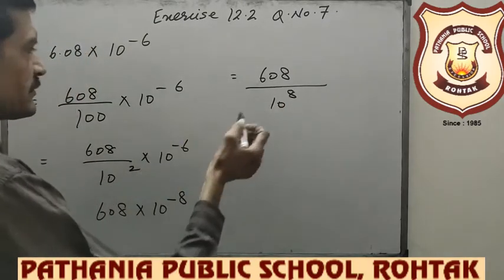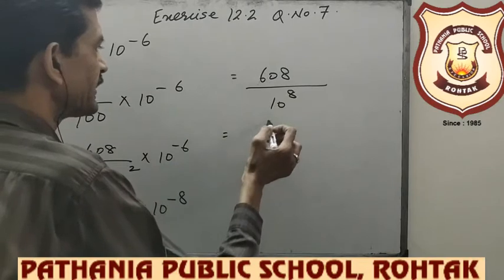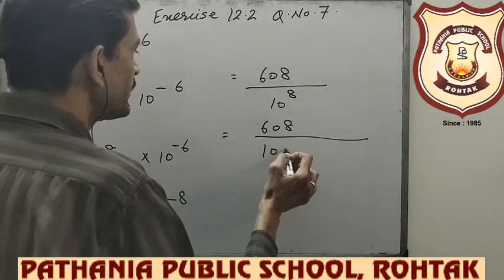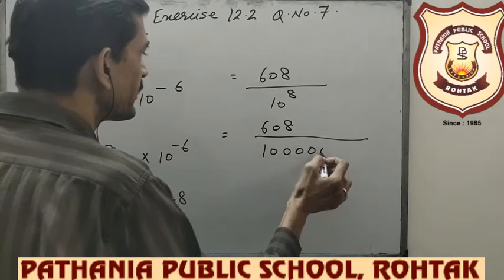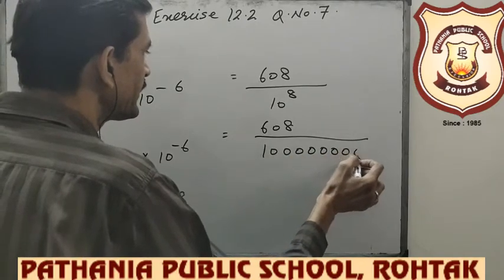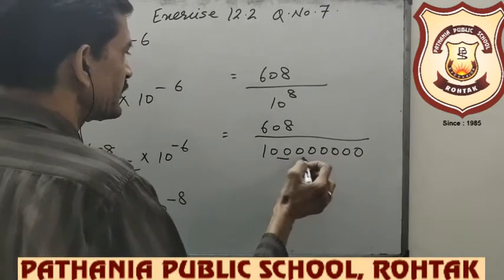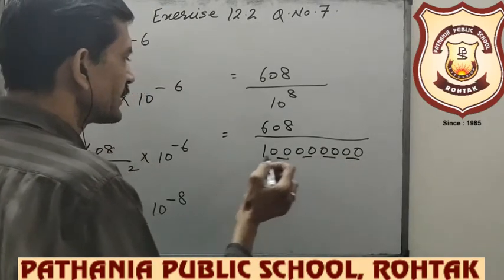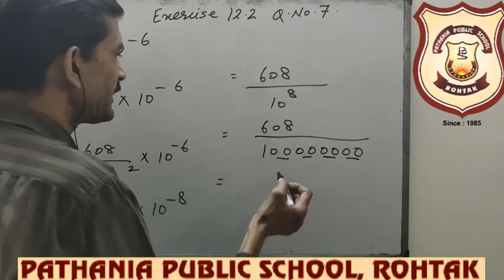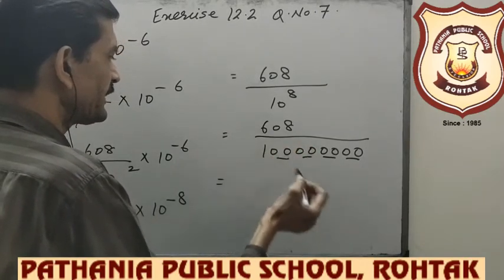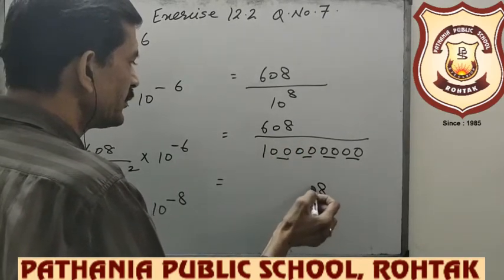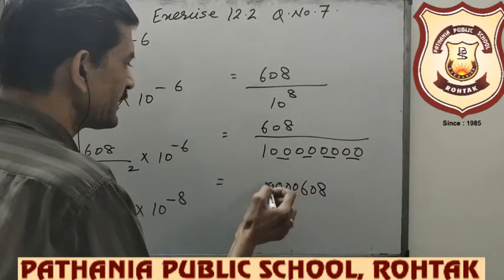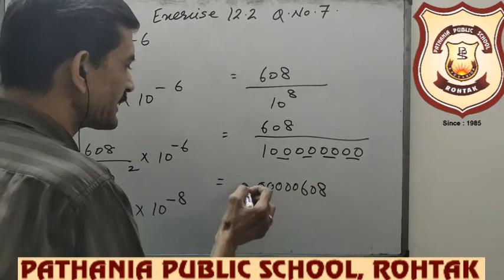So after 8 digits, 608 upon 1, 2, 3, 4, 5, 6, 7 or 8, 8 zeros. So what is it? The decimal should be just before 8 digits, 1, 2, 3, 4, 5, 6, 7, 8, like this.